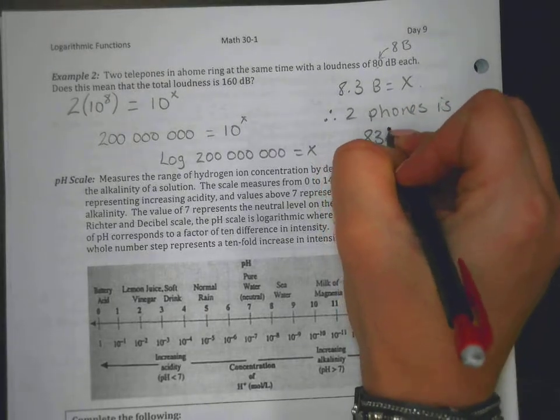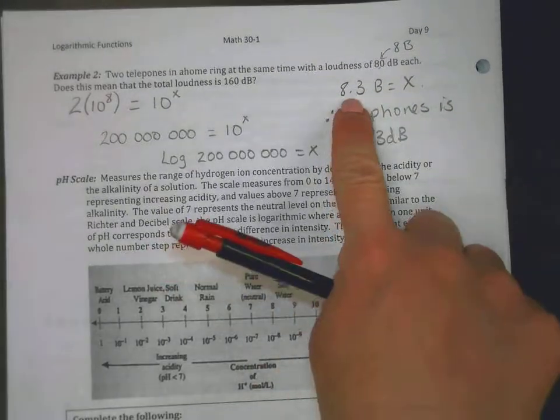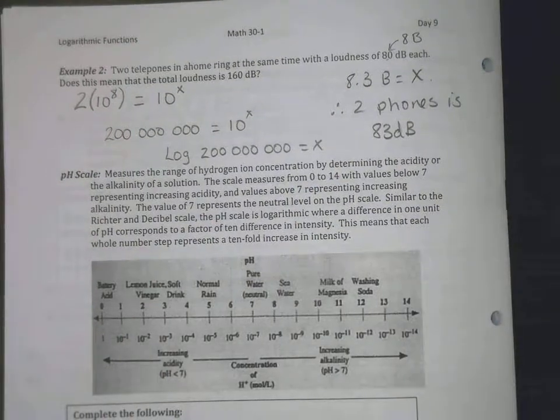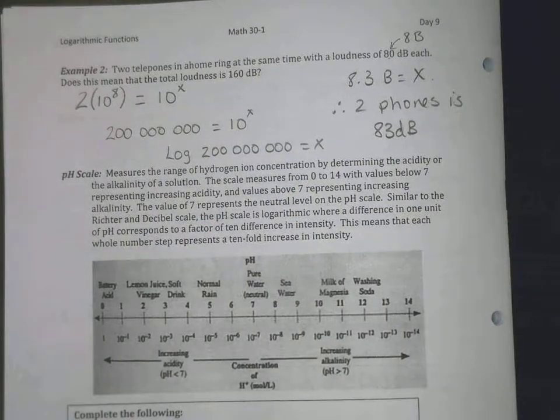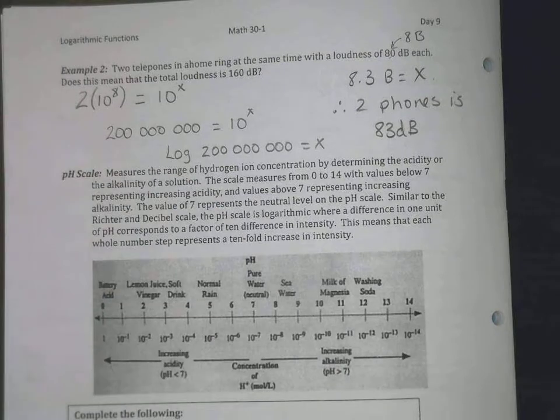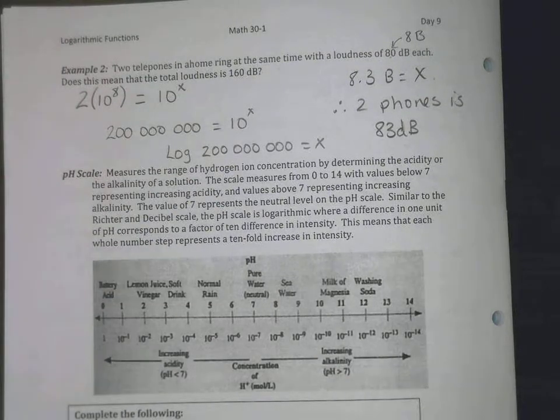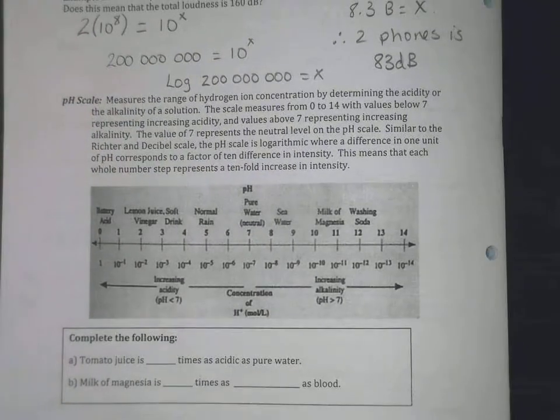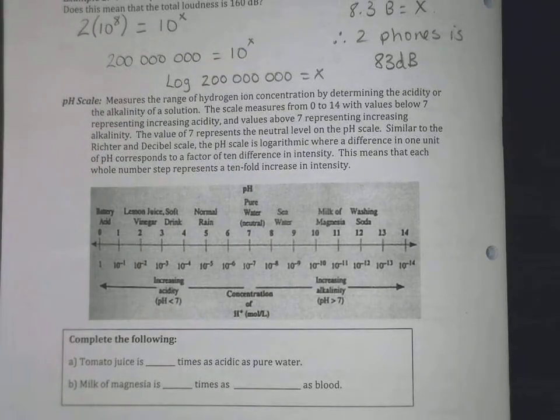And then the last thing you might come across is our pH scale. The pH scale measures the range of hydrogen ion concentration by determining the acidity or alkalinity of a solution. The scale measures from 0 to 14, with values below 7 representing increasing acidity and values above 7 representing increasing alkalinity.